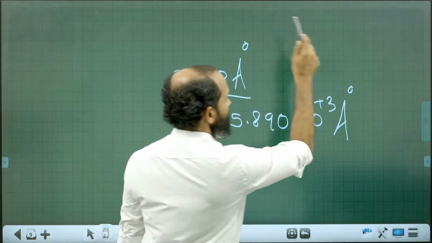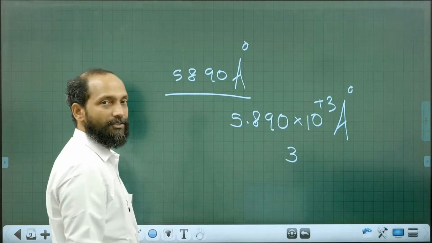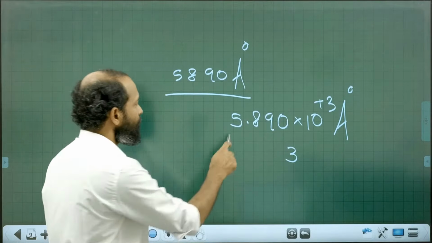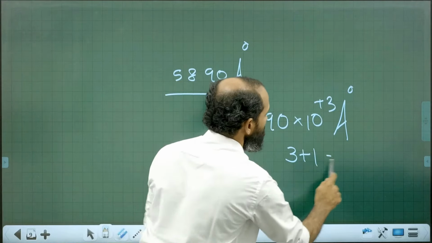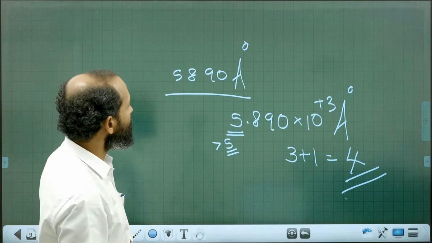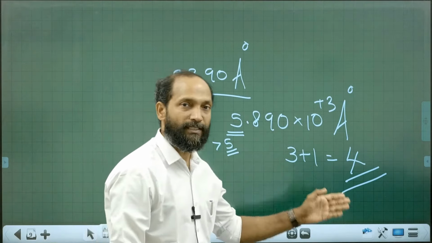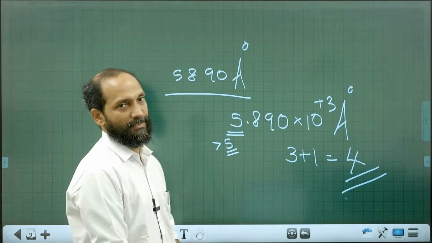Angstrom. Now what is the order of magnitude? 3. Is it correct? No, it's incorrect because the most significant digit is greater than 5. Then add 1. Then the order of magnitude is 4. Care should be taken while finding the order of magnitude. You should not convert the system of unit.